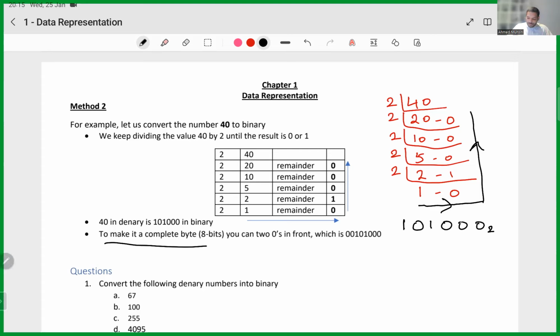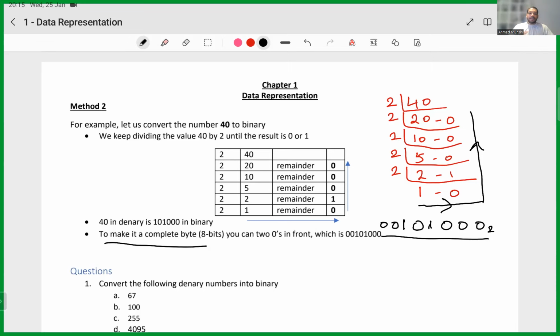We have 1, 2, 3, 4, 5, 6. So you can add 2 more zeros in front to make it an 8-bit answer. This is optional, not compulsory. But normally your computer would display binary numbers in 8 bits, 16 bits or 32 bits, so that's why we try to make it at least 8 bits by adding 2 zeros in front.